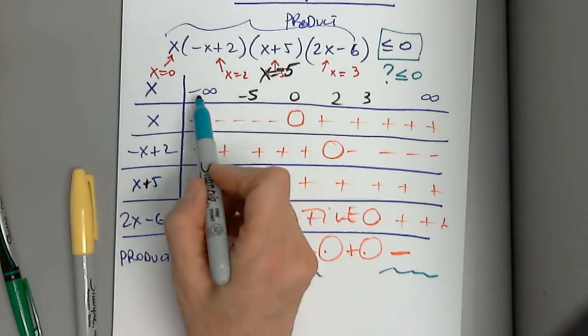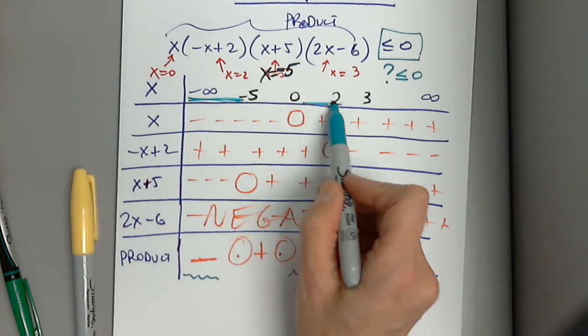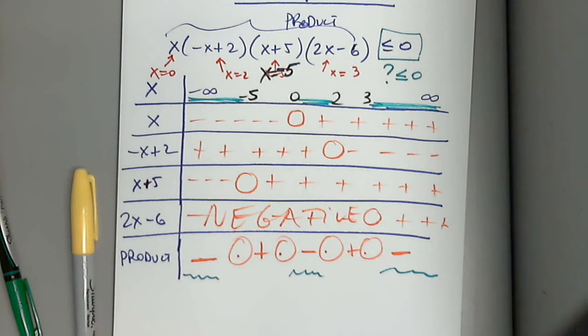For which x values? Wait, how do we know that's negative? You can just calculate it. We just calculated the sign of the product. So I see it's negative here for that x. It's negative here for that x. And it's negative here for that x. That's the solution.